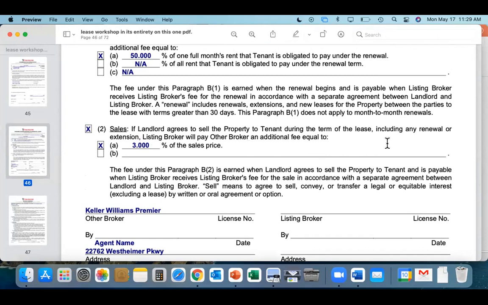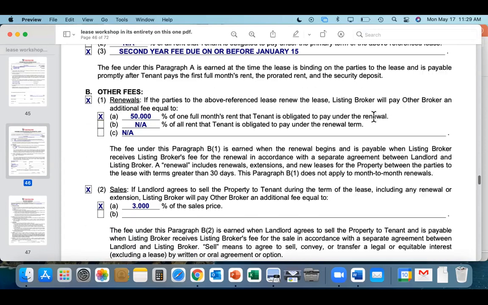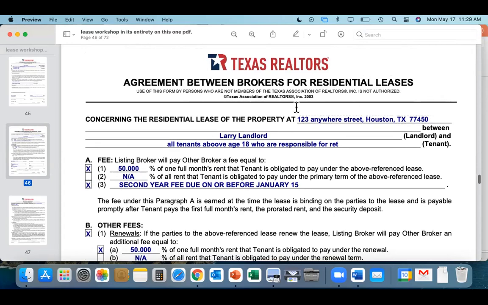And in reality, have you seen that happen in practice? Because I have never seen that. I never fill anything in these columns. It does happen though. So we need to talk to the tenant about whether he plans to buy this house in the future. This is the agreement between brokers.